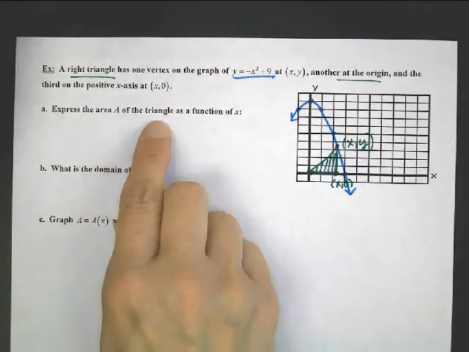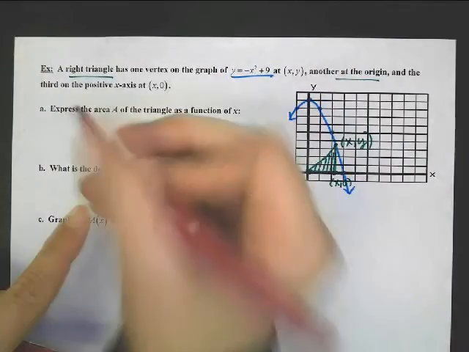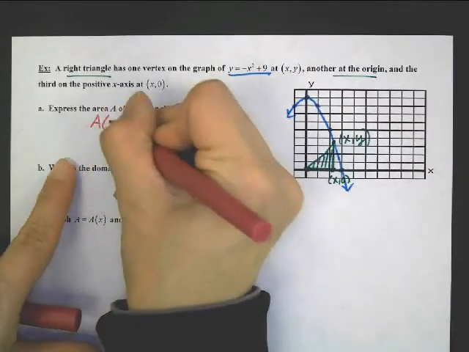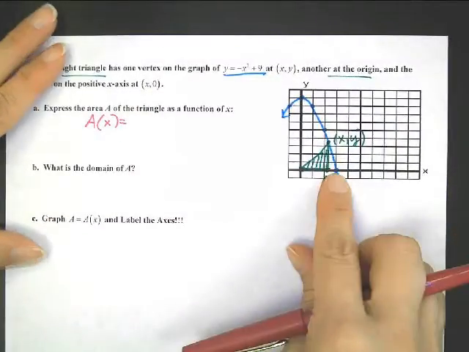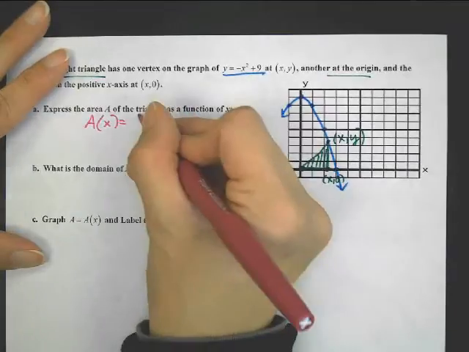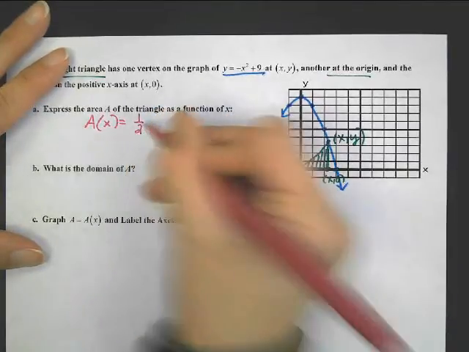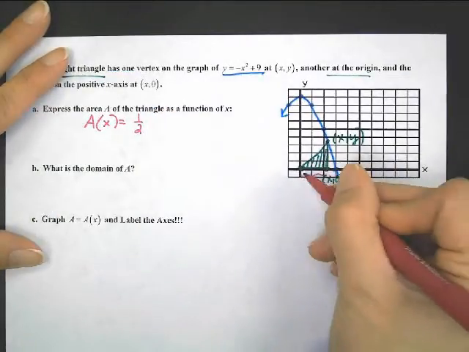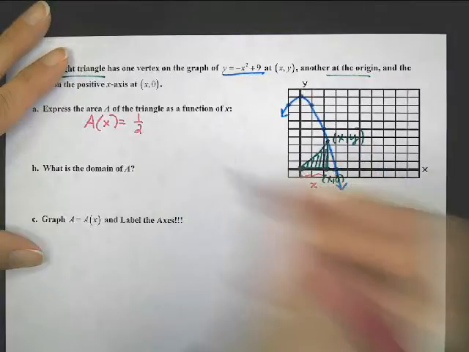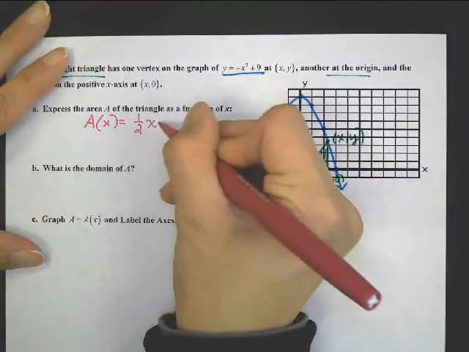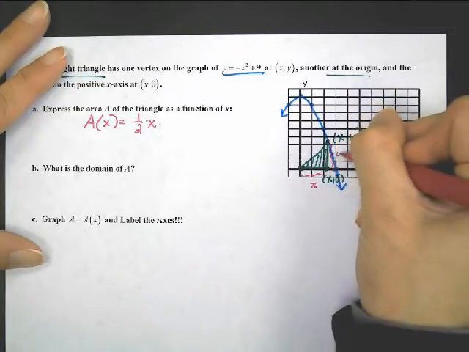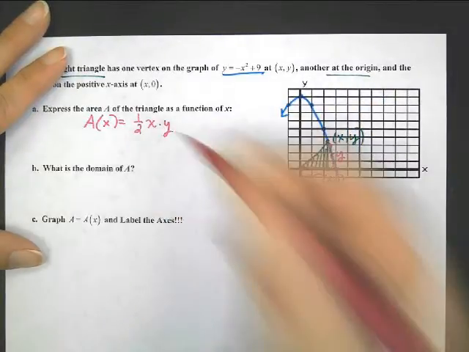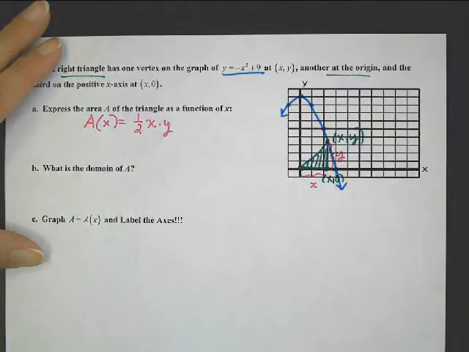Express the area of the triangle as a function of x. So remember how this looks, A of x equals? How do you find the area of a triangle? It's 1/2 base. Let's see, how long is the base? The base is x, 1/2 times x times the height, and the height is y. So it's 1/2 times x times y.